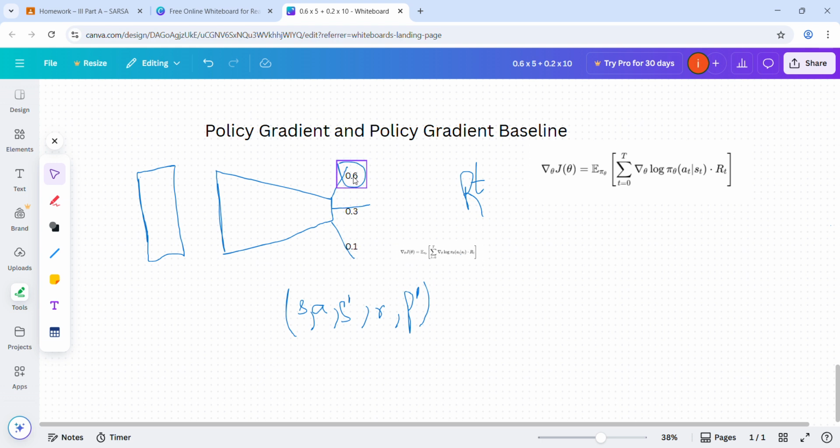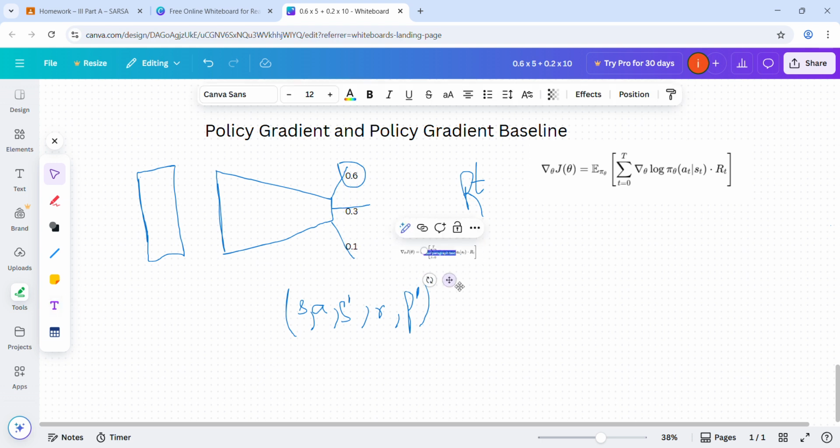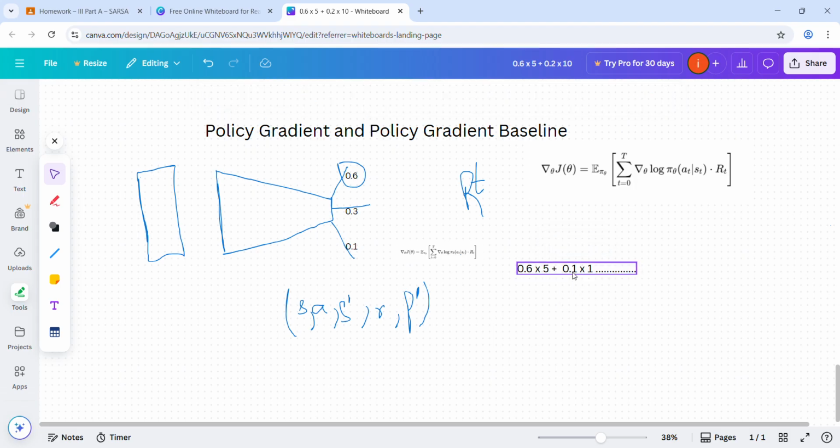For example, here the probability is 0.6, and we chose the left action. So 0.6 multiplied by its reward, which is for example 5, and for the next timestamp the probability can be 0.1 multiplied by its reward, which can be 1, and so on. So this is our loss, and based on this loss we will update all the weights of this network, and that's how we will optimize our network to get better and better.